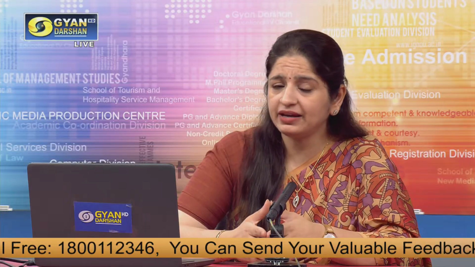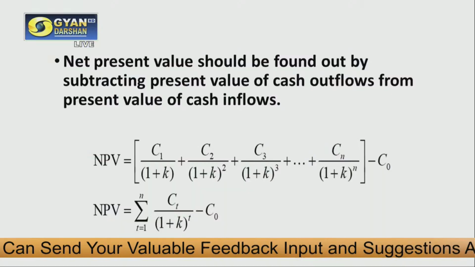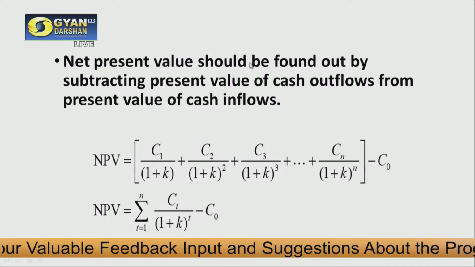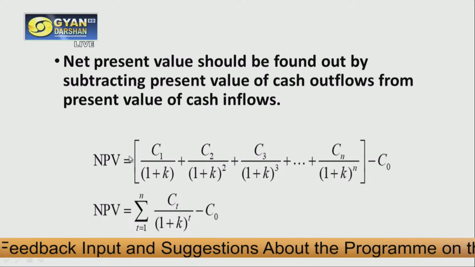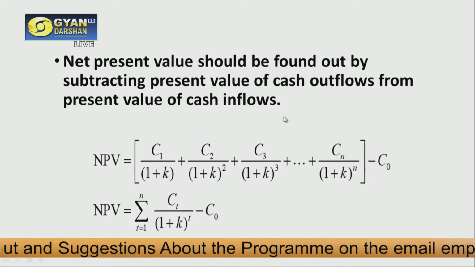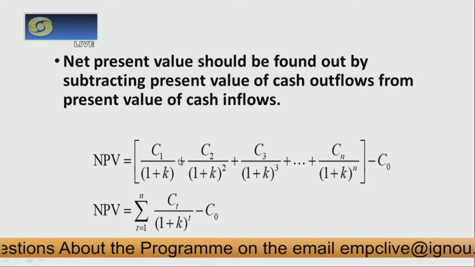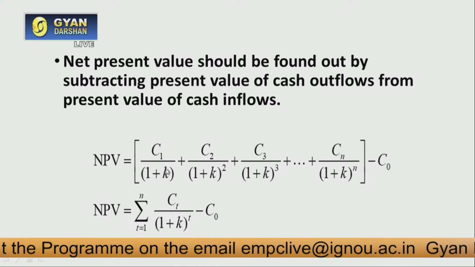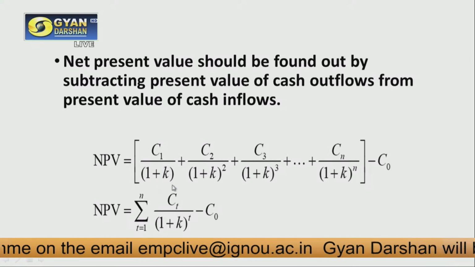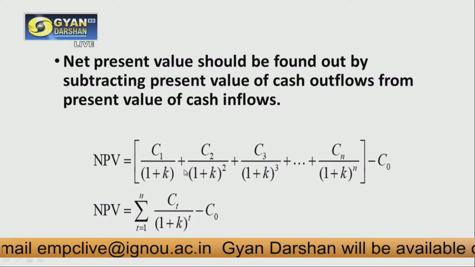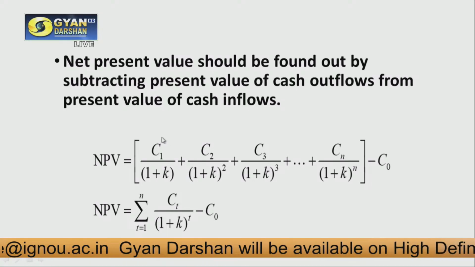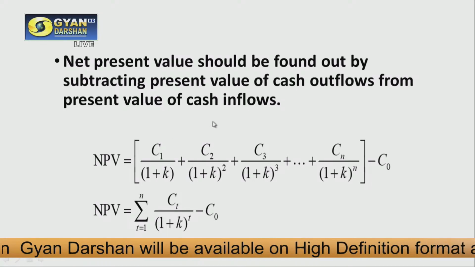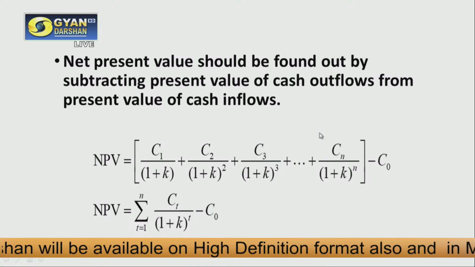This NPV can be calculated with the help of the formula which is visible on the screen. In the first part of this equation, we can see the cash inflows, which are converted into present value terms by using this rate, that is the cost of capital, or we may also call it the discounting rate. It may be the cash inflow for the first year, then the second year, the third year, and so on.